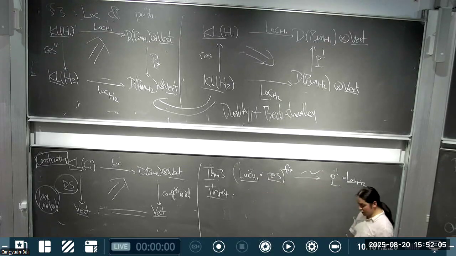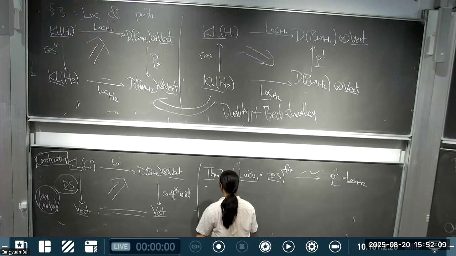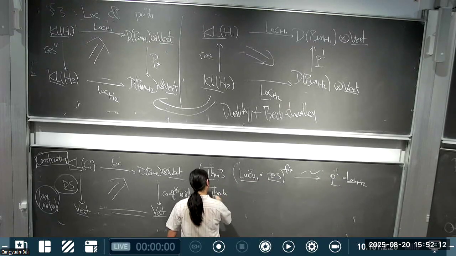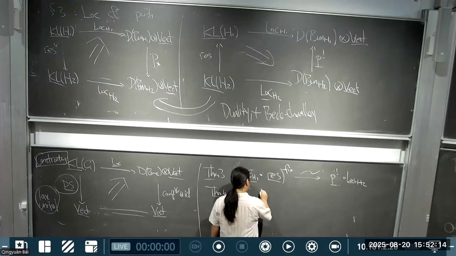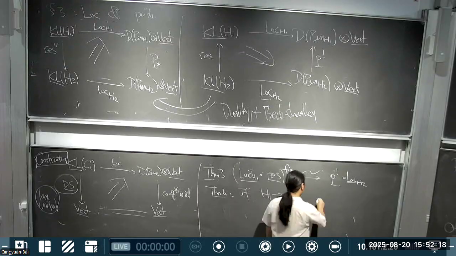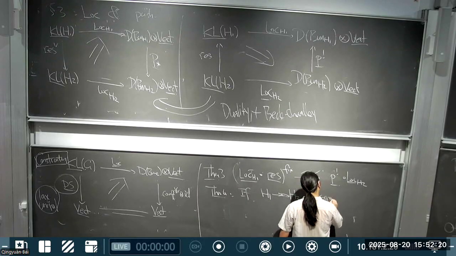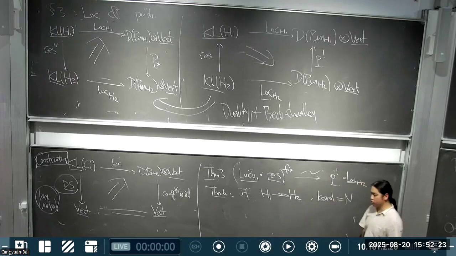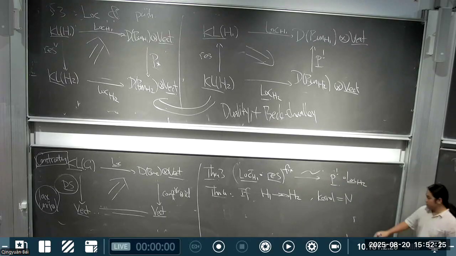But under some condition, and to state it, let me first tell you what this assumption is. If the map from H1 to H2 is surjective, and the kernel is equal to some nilpotent group N, so this condition is here for two reasons.